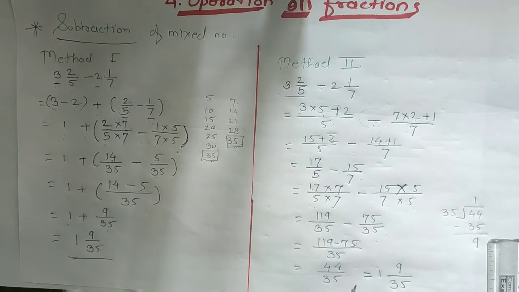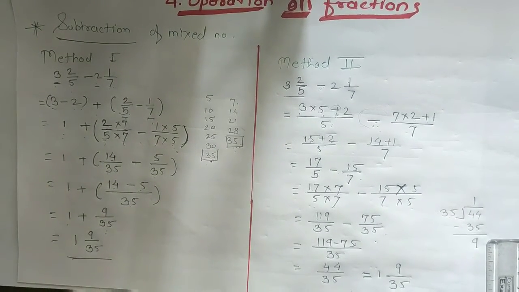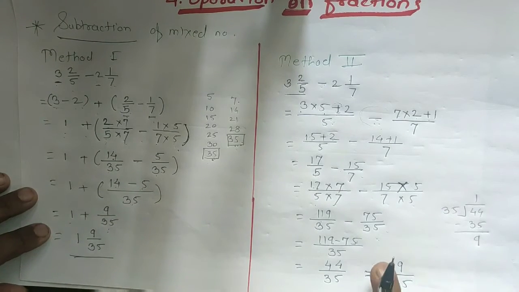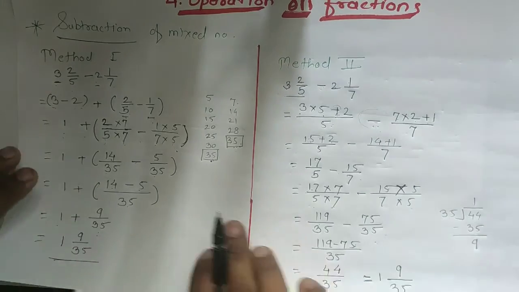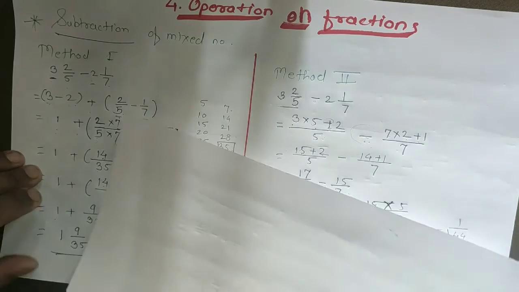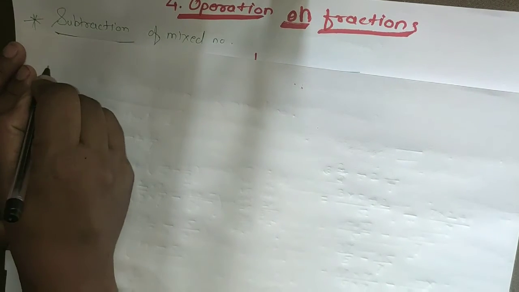Okay, now we will see one more example for better understanding, and then we will stop. Okay, so this is the subtraction. Now we will see one more example. Subtraction, what will we take?